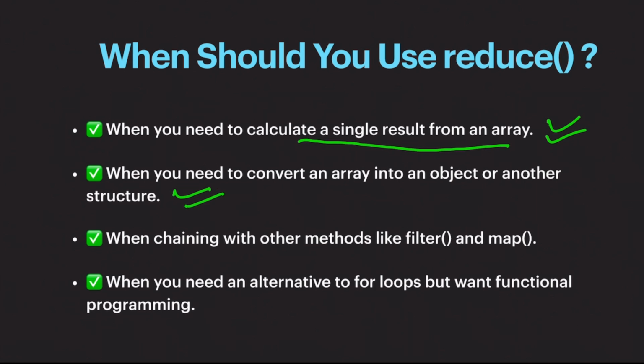Another case is chaining with other methods, like using reduce with filter and map. Another case is when you need an alternative to a loop and want functional programming, you can use reduce.